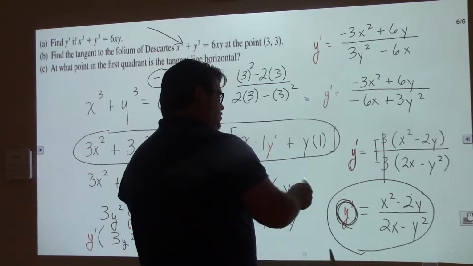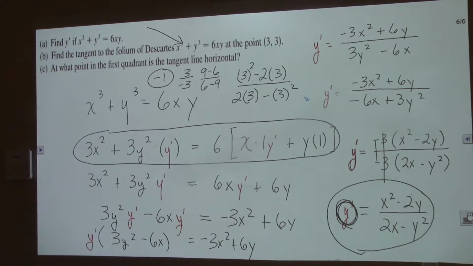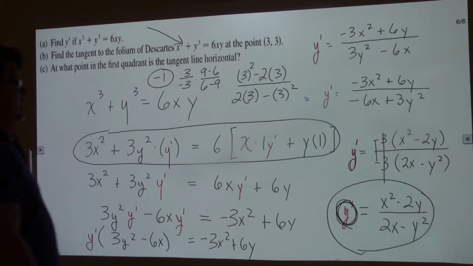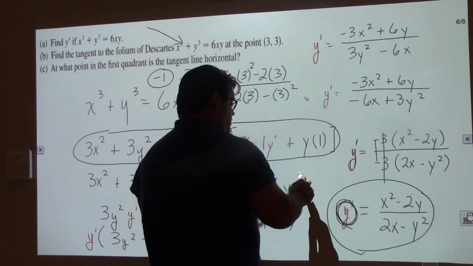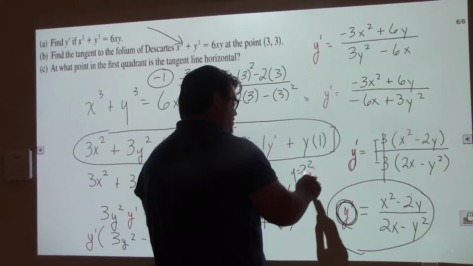So 2y is equal to x squared, which is x squared over 2. Is that what y'all come out with? Yeah, x squared over 2. So y is equal to x squared over 2.